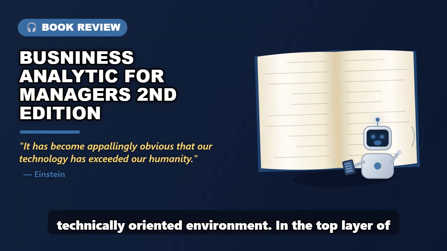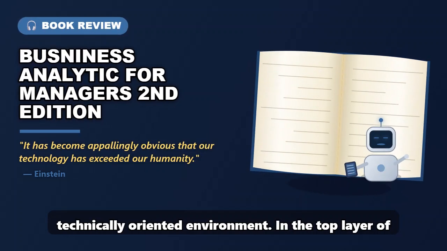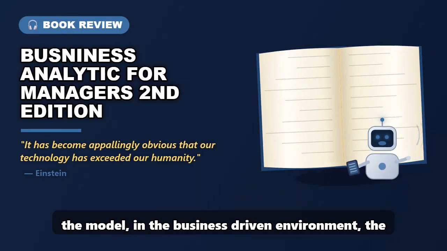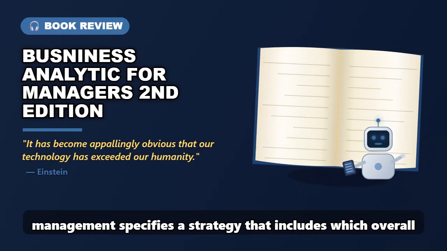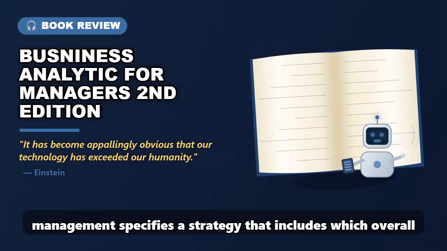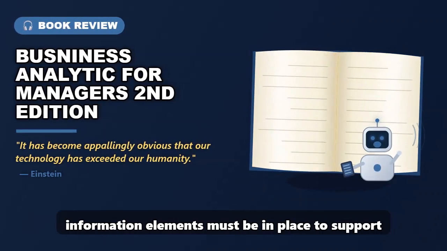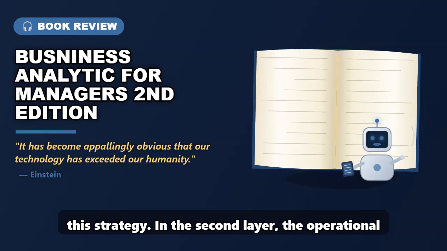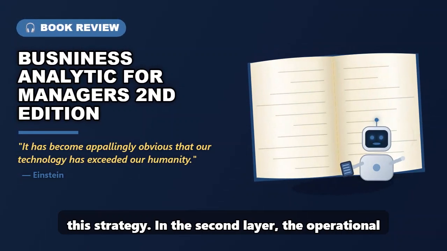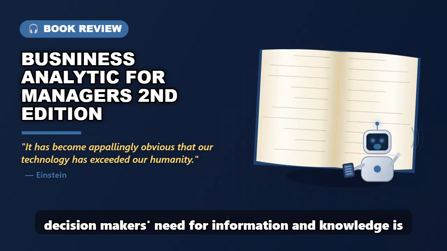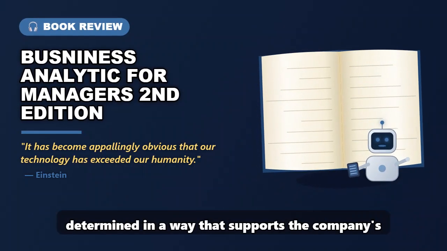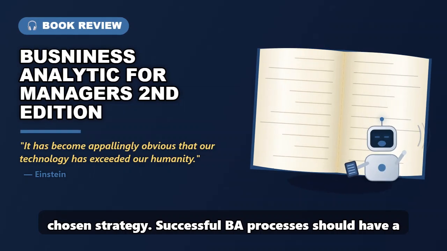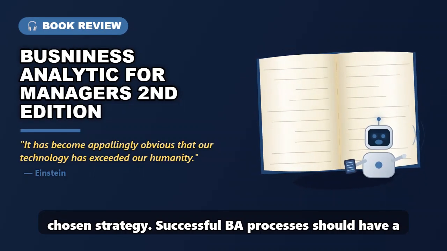Information requirements move from the business-driven environment down to the technically oriented environment. In the top layer of the model, in the business-driven environment, the management specifies a strategy that includes which overall information elements must be in place to support this strategy. In the second layer, the operational decision-maker's need for information and knowledge is determined in a way that supports the company's chosen strategy.